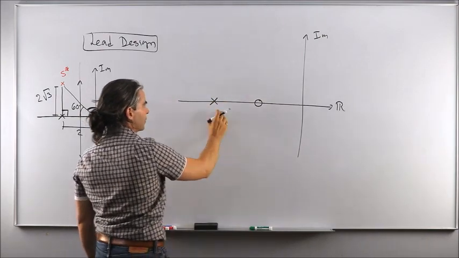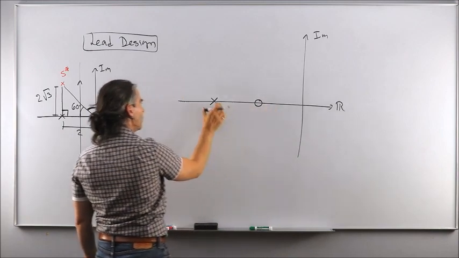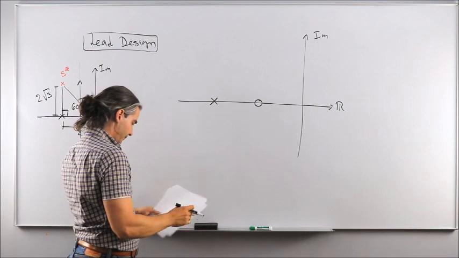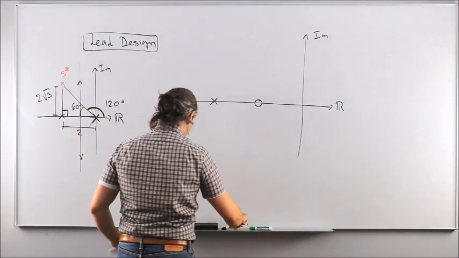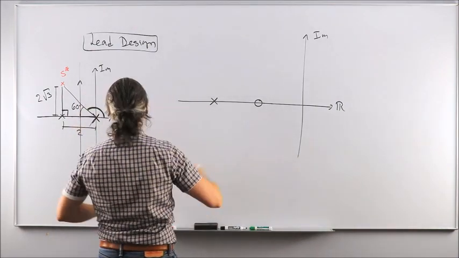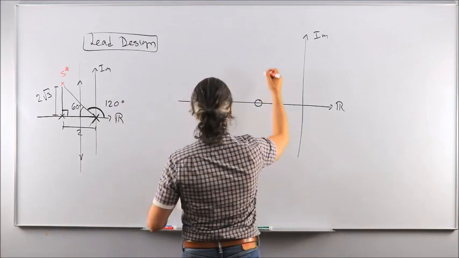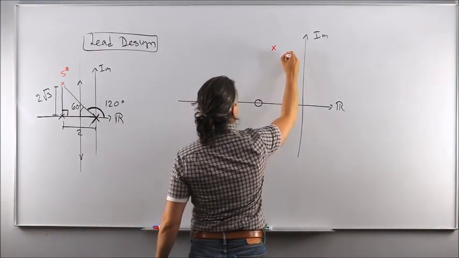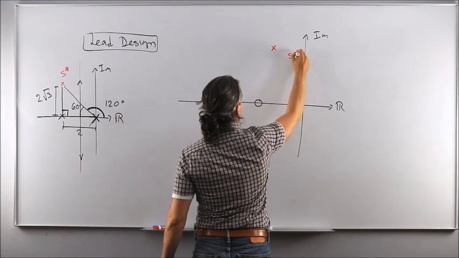But we know that the zero is always to the right and the pole always to the left. But we don't know where exactly yet. Okay? And let's draw somewhere our S star here, the desired pole location. S star.